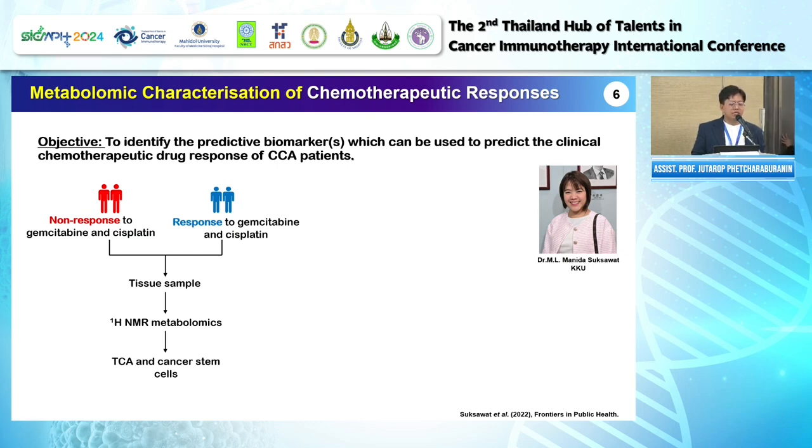In this study, we would like to identify predictive biomarkers which can be used to predict the clinical chemotherapeutic drug response of CCA patients. To have information on the response patterns before conducting the metabolomic studies, we used an in vitro assay called the histoculture drug response assay, HDRA, to classify the patients into two groups, non-responders and responders to gemcitabine and cisplatin or other drugs of choice.